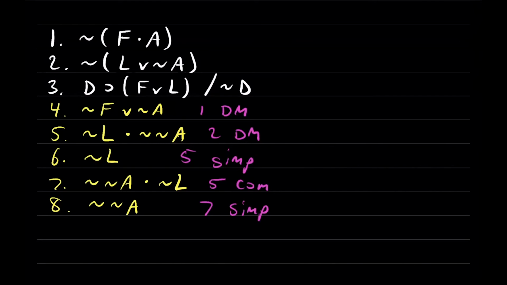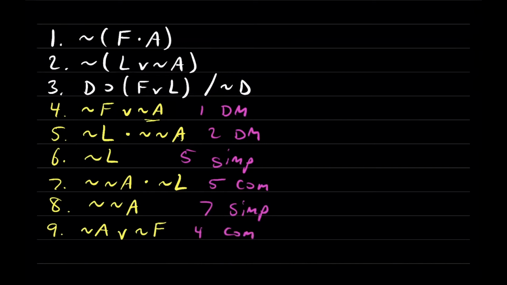But in order to use disjunctive syllogism, this term that we have the negation of, not A, up here on line 4, has to be on the left side of that disjunction. So I'm going to use commutativity to rewrite line 4 as not A or not F. Okay, that's going to follow from line 4 by commutativity, COM.